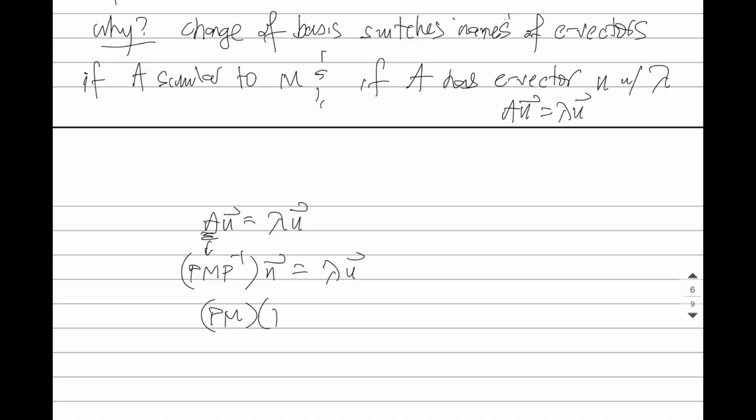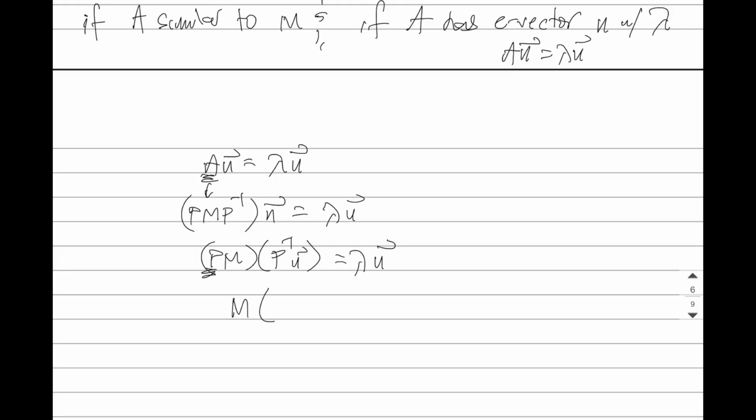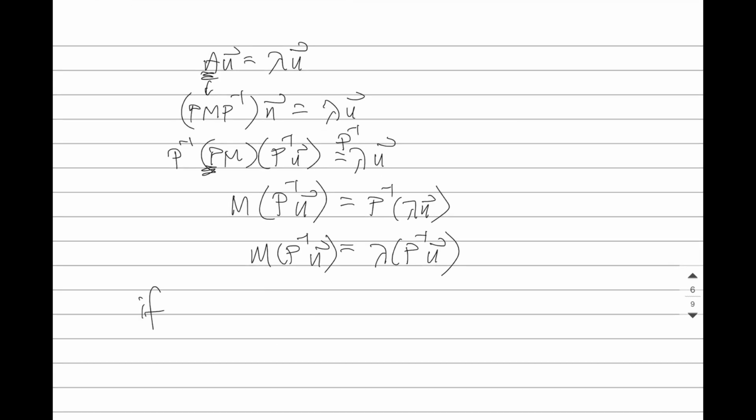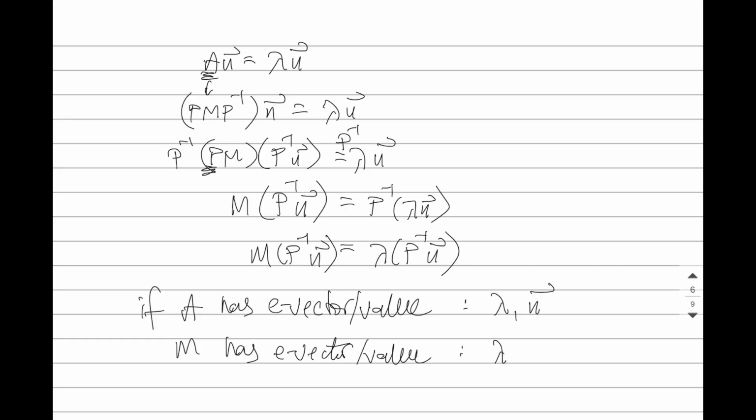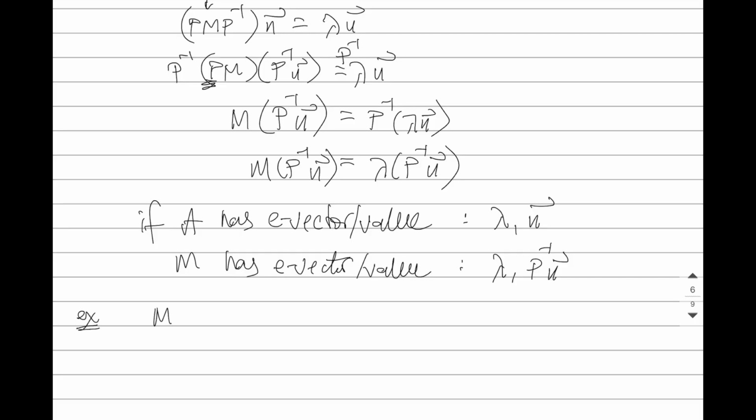I'll have PM times P inverse u is lambda u. I'll have M P inverse u, and because P is invertible, I can hit both sides with the inverse on the left. And when I do that, I can pull this inside. So if A has an eigenvalue-eigenvector pair lambda and u, that means M has an eigenvalue-eigenvector pair, lambda with P inverse of u. In the same way that the vectors change names with the basis change, so do the eigenvectors.